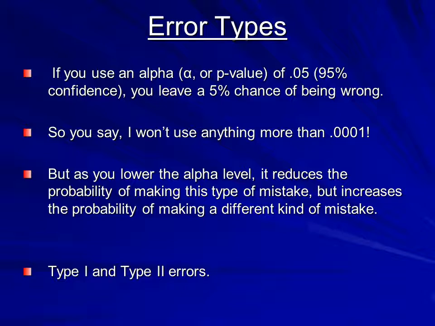As you lower the alpha level, it reduces the probability of making a mistake, but it increases the probability of making a different mistake. This is why we're having this conversation: you can't just get rid of one mistake without increasing the odds of making another. So let's talk about those two types, type 1 and type 2.